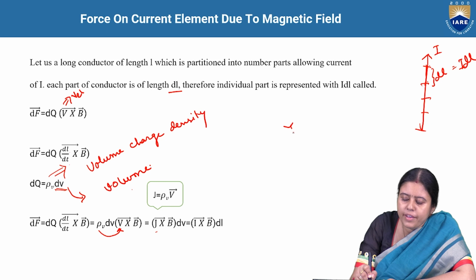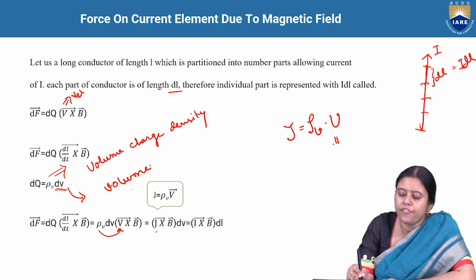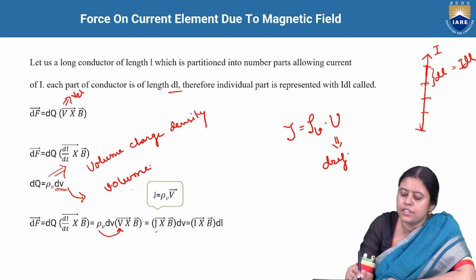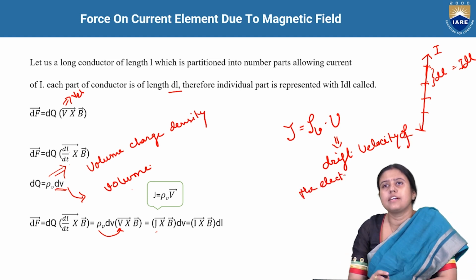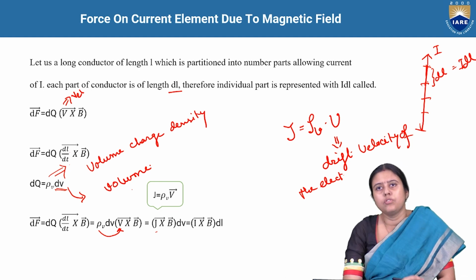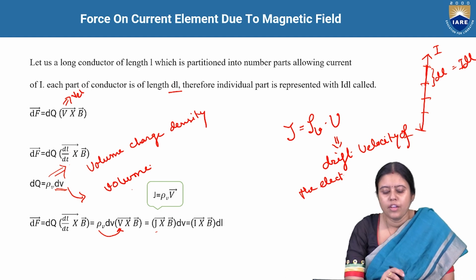We know from the previous chapter J is equal to rho v into V, where V is the drift velocity of the electron. We have discussed this. So J is equal to rho v into V, and we get J cross B dv.